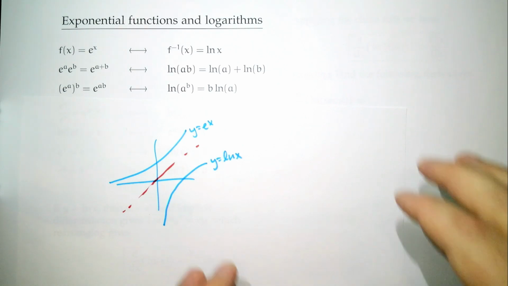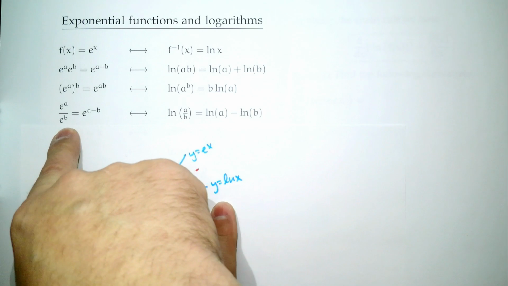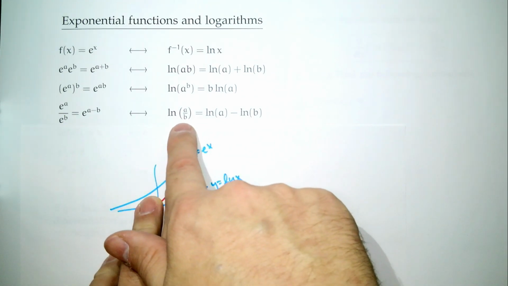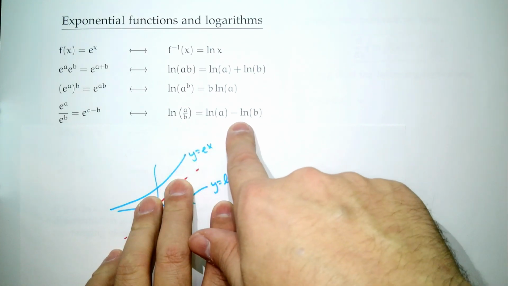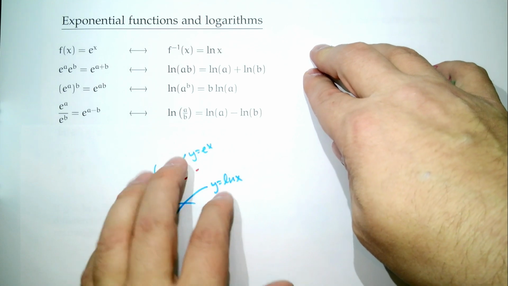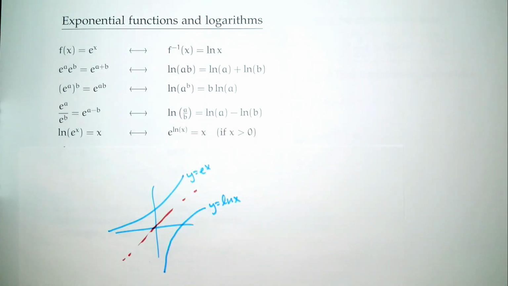Another amazing fact. If I do division, e to the a over e to the b, that's subtraction, which in log says division becomes subtraction. You can get that from combining the previous two facts together. And of course, the fact that they are inverses: log of e to the x is x. E to the log of x is also x, but of course, x has to be positive.